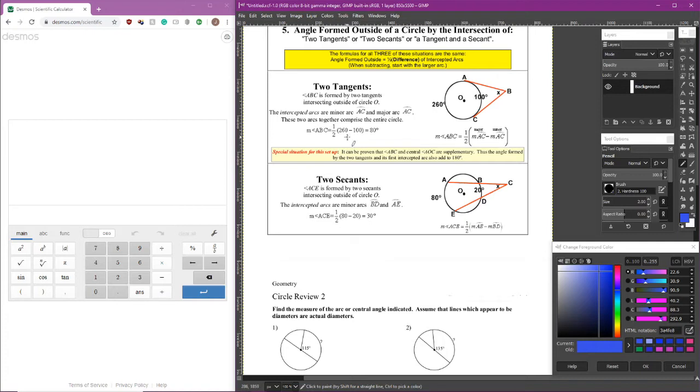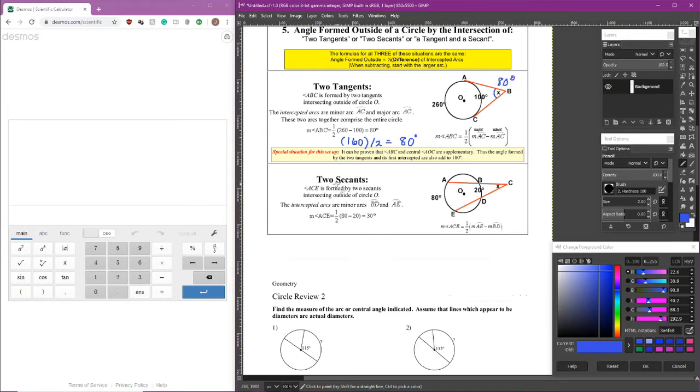So if you've got 260 and you take away 100, then you've got 160. And then if you take half of that, you divide it by 2, and that'll be 80 degrees. And so that's how they came up with 80 degrees right there. What that means is that this x, this angle right out here, equals 80 degrees.